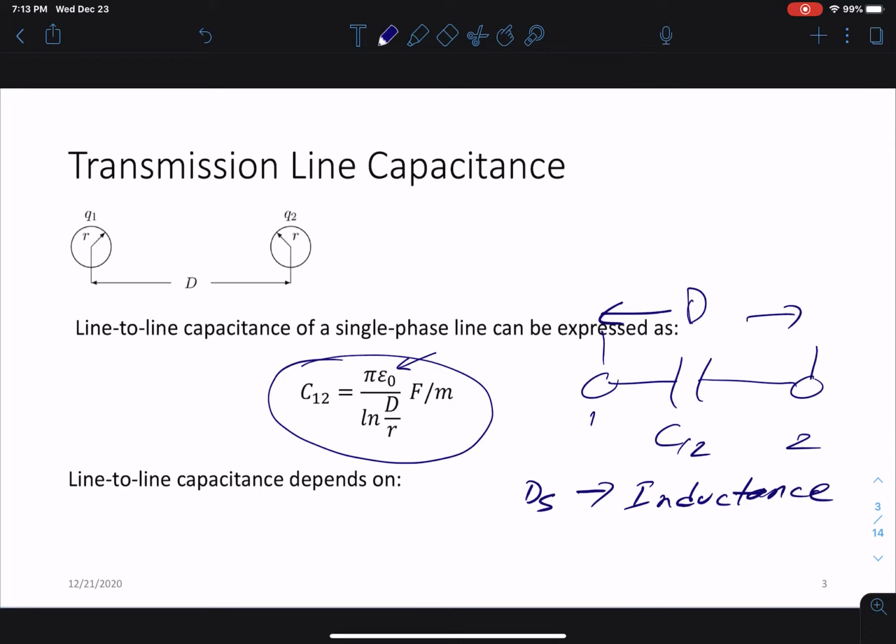But here we use r, only the radius, not the geometric mean radius. We use the actual radius for capacitance, not r prime or Ds. So there's a big change from inductance, and you get farads per meter.